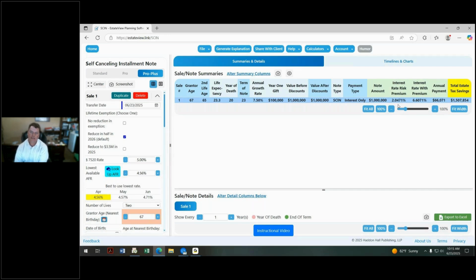And for the next 23 years, we could get roughly $200,000 worth of payments. 6.6071% of 3 million, so you're looking at roughly $200,000 of payments each year for the next 23 years. And if we die during that term, then that $3 million that we sold passes estate tax free. So it can be very effective as a planning technique.